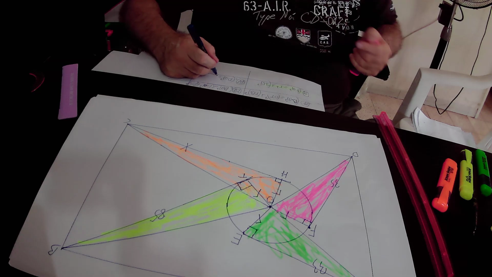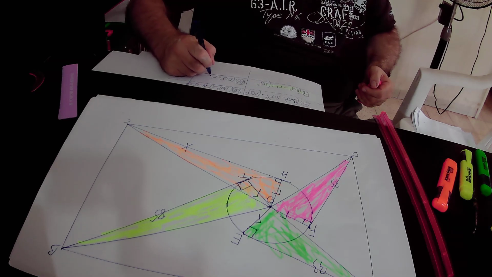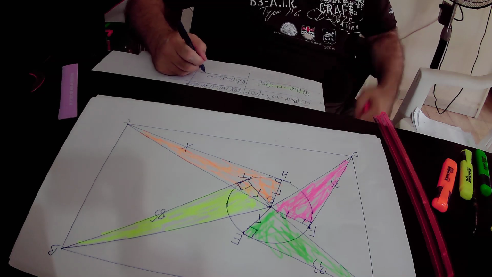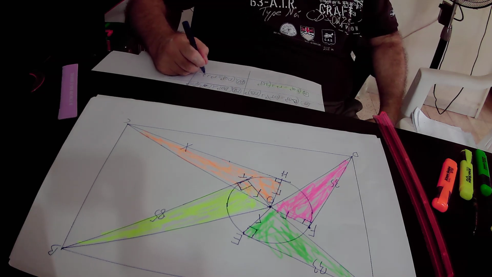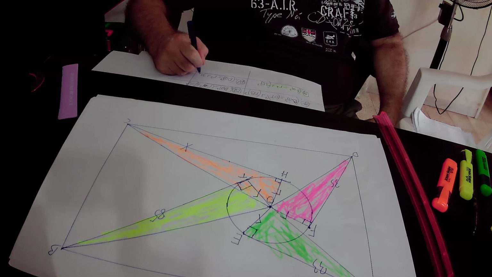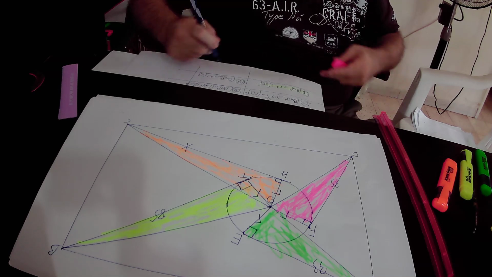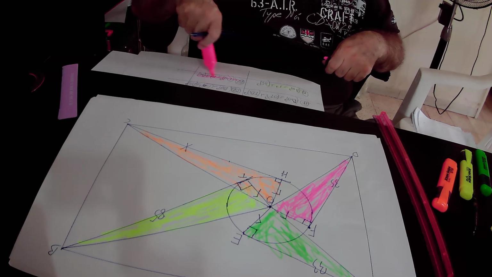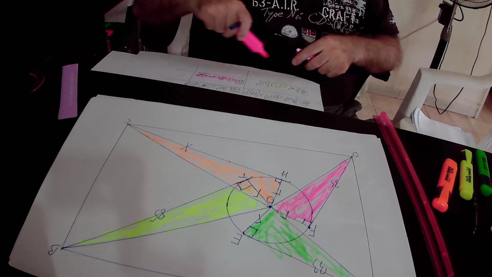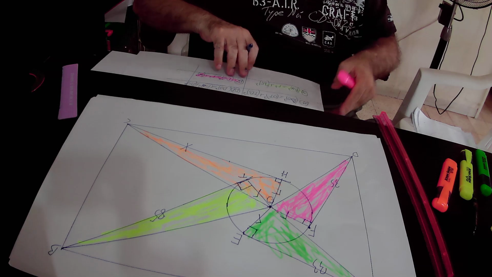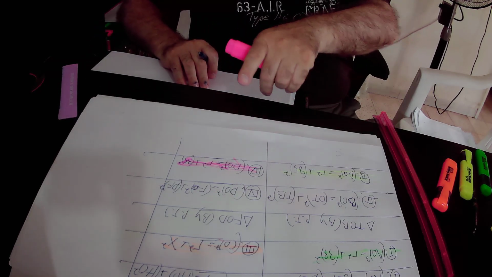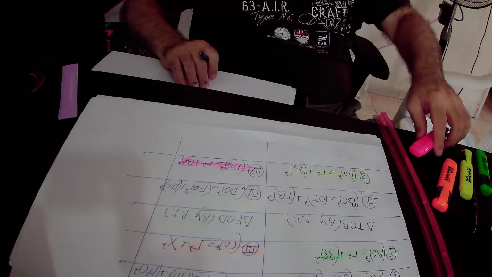FO is R, so FO square is R square, plus DF square. DF equals 35, therefore DF square is 35 square. In conclusion, we found out that according to equation number 4, DO square equals R square plus 35 square.